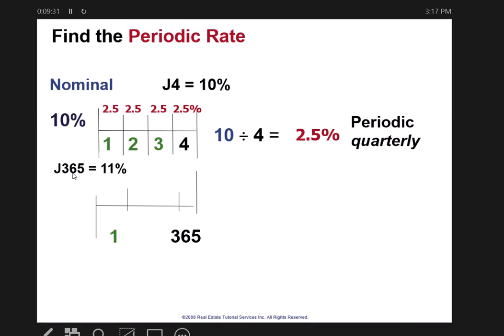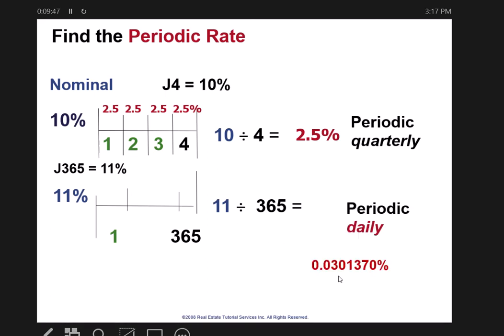If we had J365 equals 11%, we take 11 and divide it by 365. That's what I want you to do with your credit card. Take your interest rate, probably 21%, and divide it by 365. That's the periodic rate you're getting charged every single day. So to find periodic, you divide.